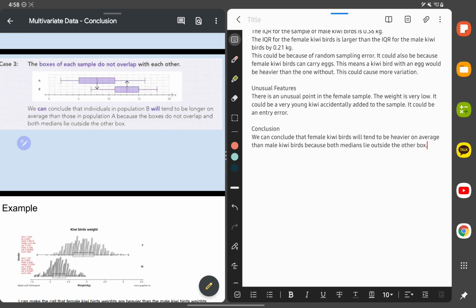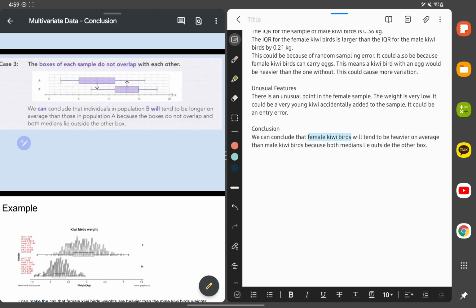Right? So I am almost taking this exact sentence. I am taking out the box part. But I am changing the words like individuals in population B to whatever suits my data. Right? So the words that I've changed, here they are. And you'll change the same words, right?